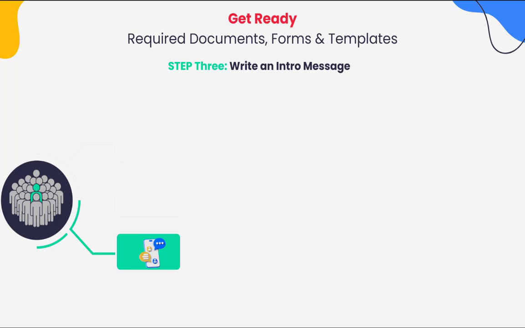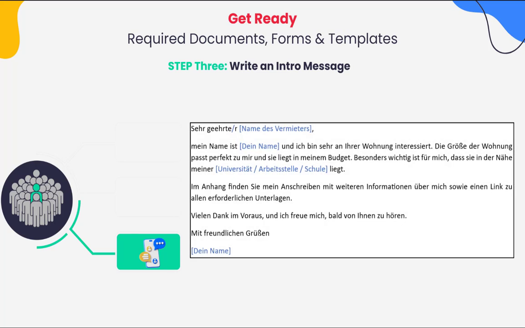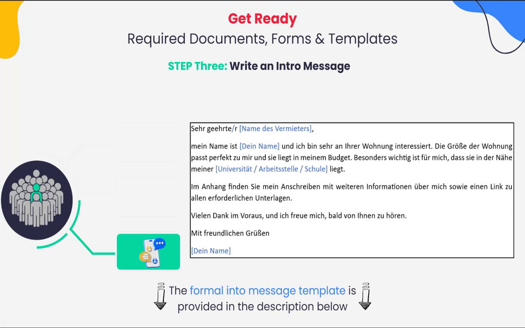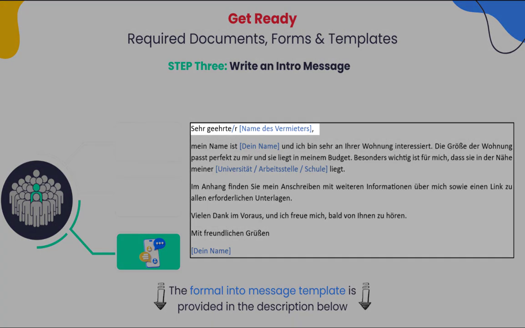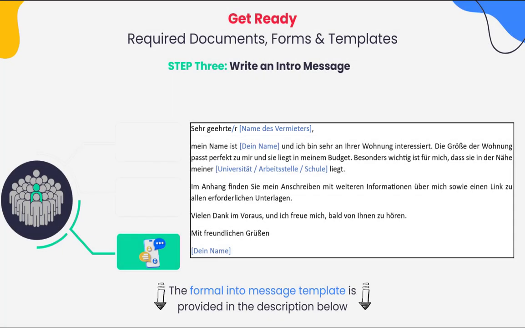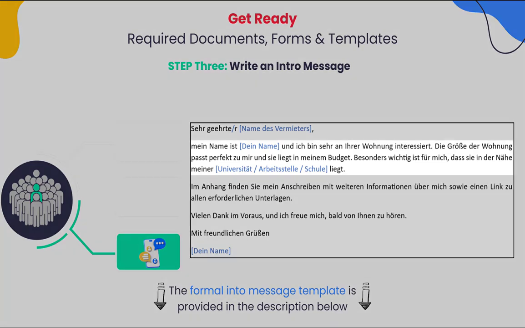The last step to stand out is to write a short but professional introduction message. Again, we will create two versions. Formal introduction message. Use this when you contact a company or private landlord. Start with a formal greeting in German using the landlord's name. Introduce yourself briefly. My name is. I am interested in your apartment because the size fits my needs.